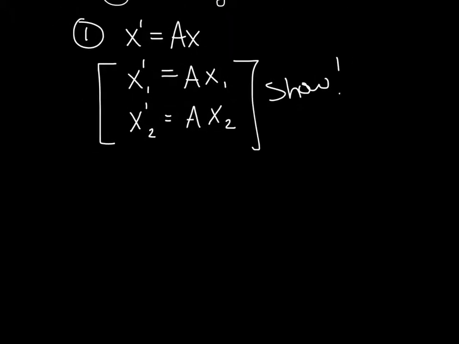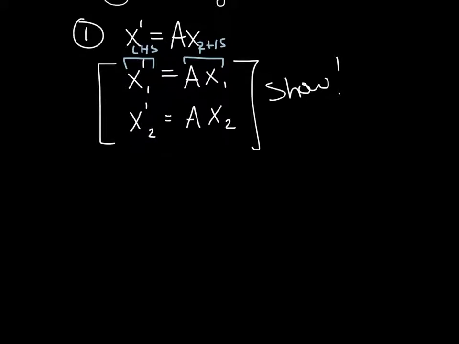Okay, so we have the left-hand side and the right-hand side. I'll do this part, it's very easy, and then I'll let you do the x2 part. It's, again, just matrix multiplication practice. Let's start with x1 prime. What's my x1?